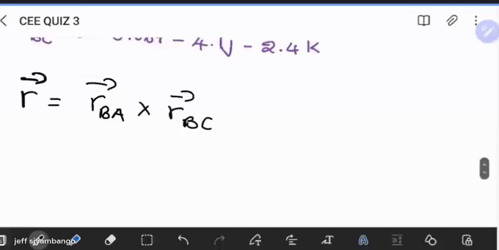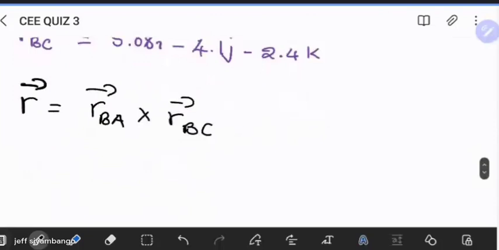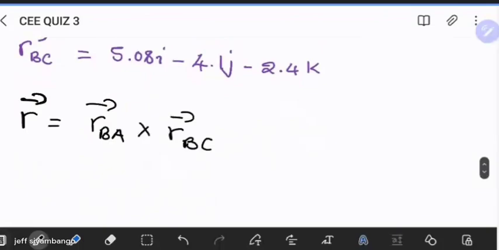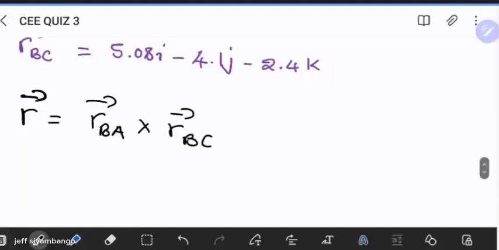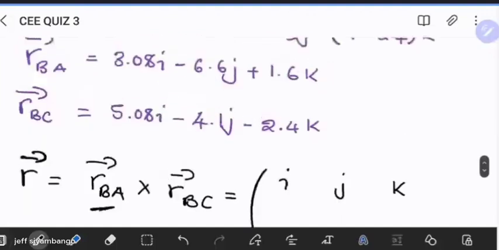To perform the cross product, what do you do? There are a number of methods that you can use. You can go with direct multiplication, or you can use the matrix method. So I'll go ahead and make a 3 by 3 matrix using this. The first row, of course, is for I, J, K. Then the first term in the cross is RBA, so it will come first.